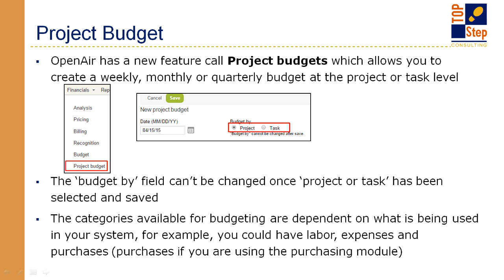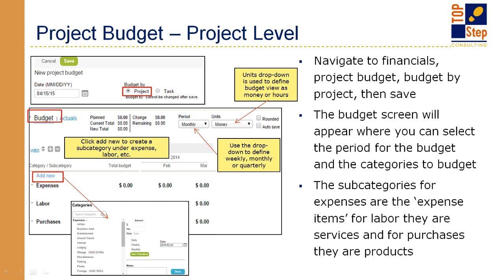The categories available for you to budget within depend on what you're using in the system. When you create a project budget at the project level, you pick your project, hit save, and you can add an overall planned hours figure or planned dollars figure. Then this budget screen opens up, and you have a budget with categories.